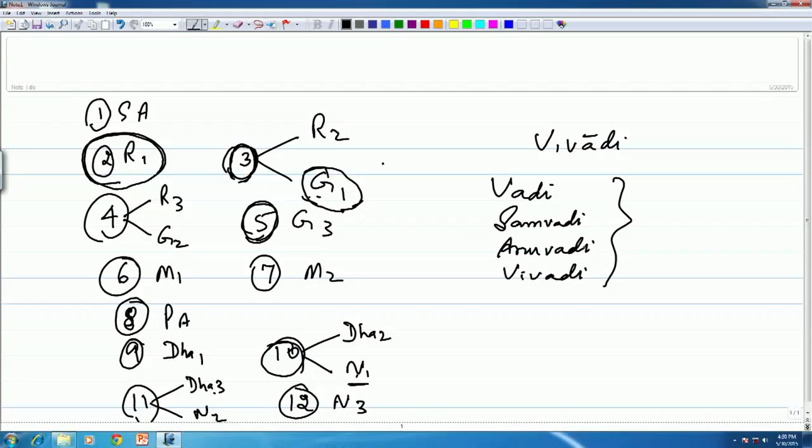So the underlying idea in this quartet, Vadi, Samvadi, Anuvadi, Vivadi, is definitely the idea of consonance and dissonance. Now, as I have mentioned before, some swaras, some notes in an octave will have a relationship of consonance.